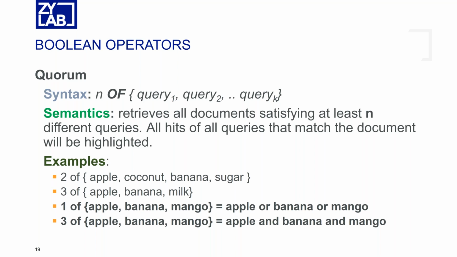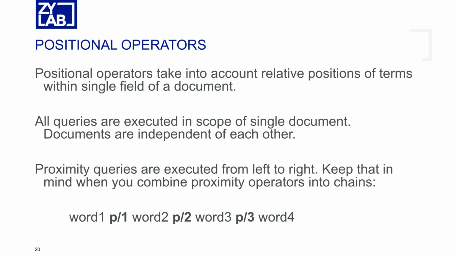And this is actually a very easy way to convert lists into queries. If you have a large list of, for example, names, you can easily convert this to a quorum search and use the quorum parameter to find the names in this query.